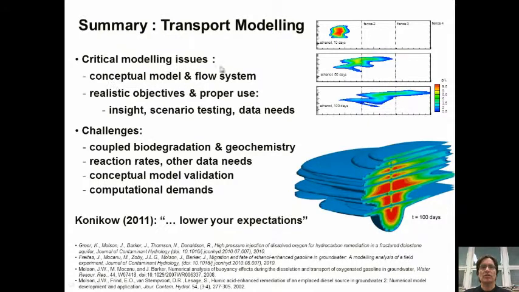Some critical issues. First, develop a good conceptual model of the flow system. Always keep realistic objectives in mind and proper use of models for gaining insight, scenario testing, and data needs, for example, rather than absolute predictions. Some remaining challenges: coupled biodegradation and geochemistry. This is a growing field looking at all the geochemical effects of these type of reactions.